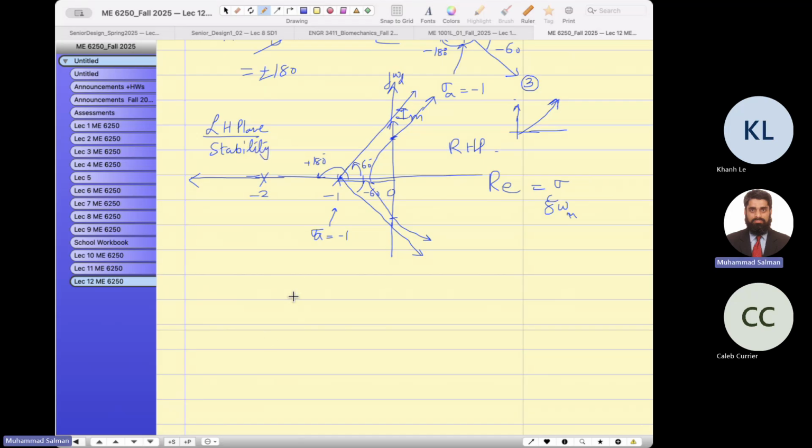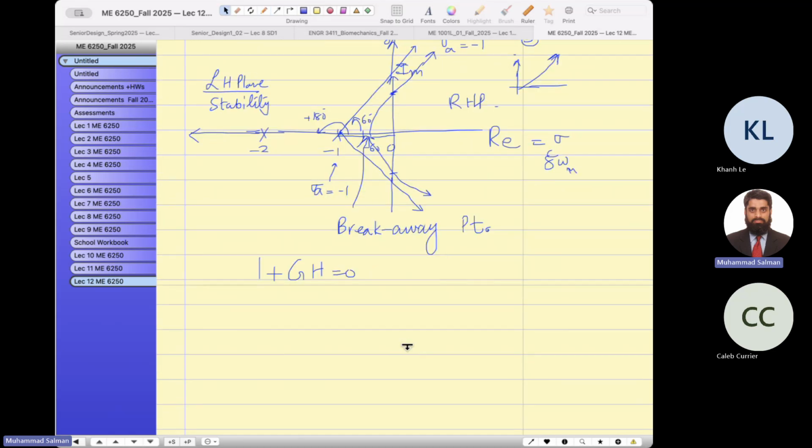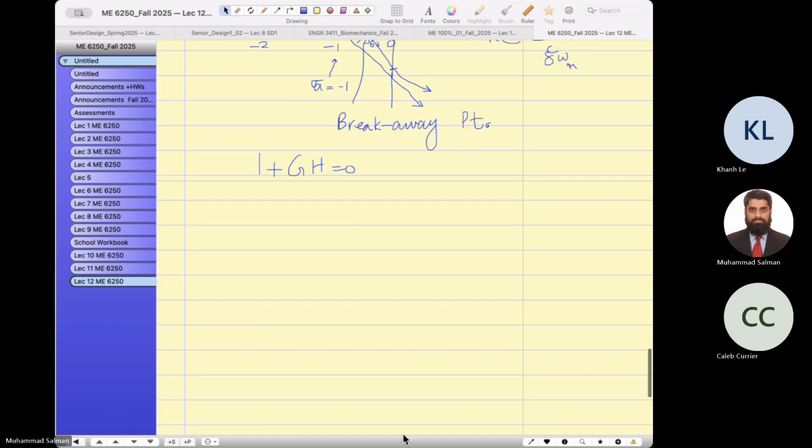Now let me show you what this breakaway point is. We also call it the breakaway point, or the location where the locus breaks the real axis. So this is the characteristic equation of our transfer function. And what is G?